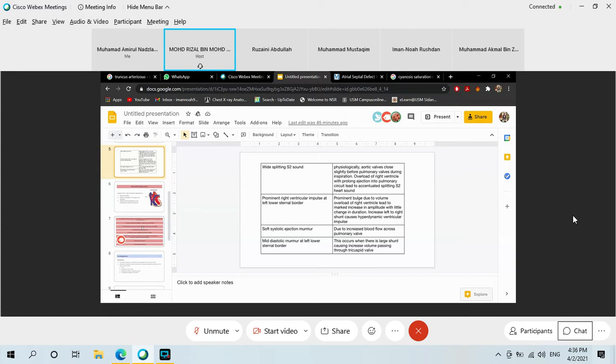So your notes is correctly written. Your understanding is wrong. Mid-diastolic murmur is because of increased blood volume through the tricuspid valve. So dia jadi macam tricuspid stenosis. Sebab tu dapat mid-diastolic murmur. Relative tricuspid stenosis. Okay, it's not easy to appreciate but theoretically you must understand the theory first.